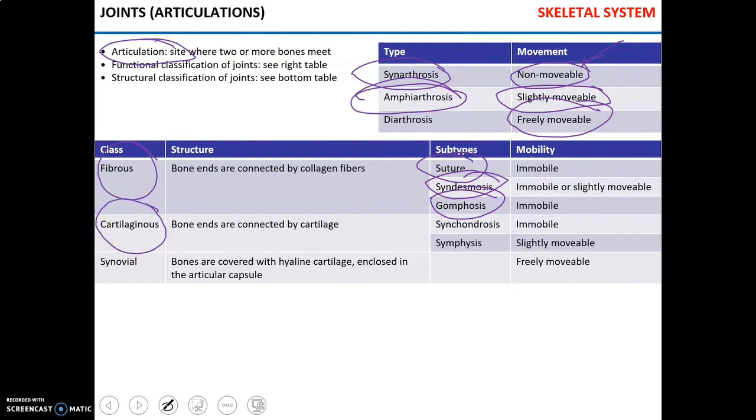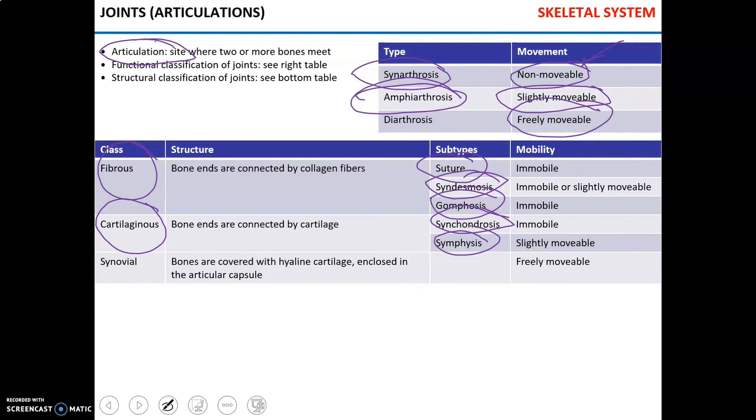Cartilaginous joints are characterized by the bone ends being connected by cartilage, like synchondrosis. It's a joint, for instance, between the ribs and the sternum. Or symphysis. Fibrocartilage connects the pubic parts of the 2 coxal bones, and it's a slightly movable joint.